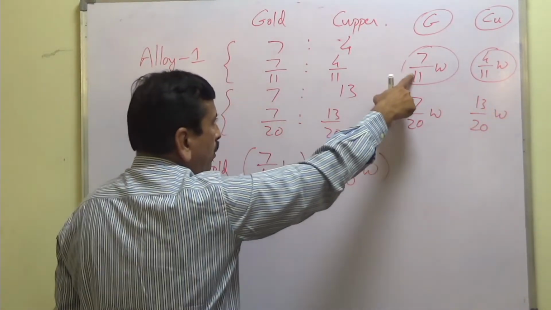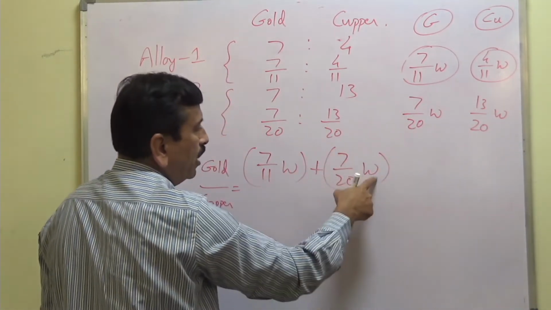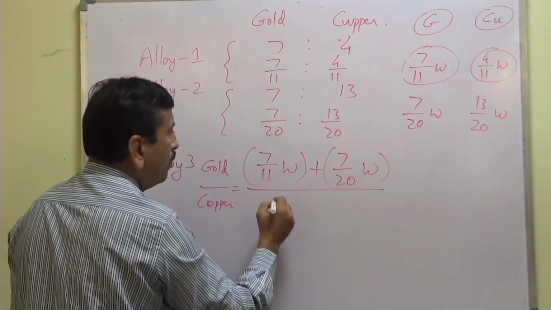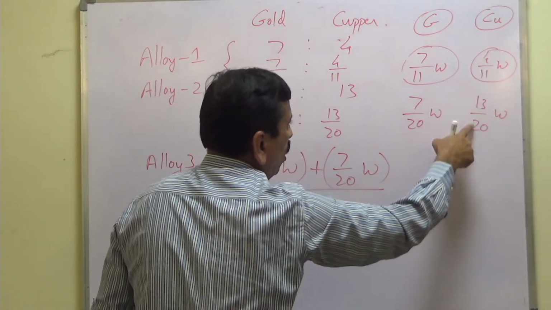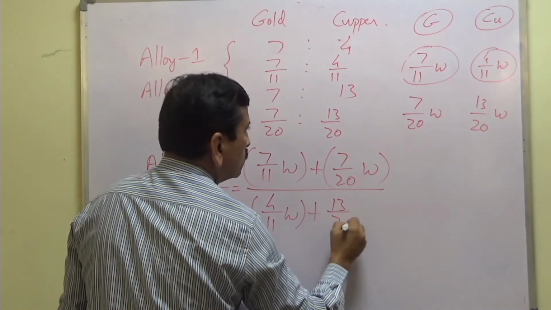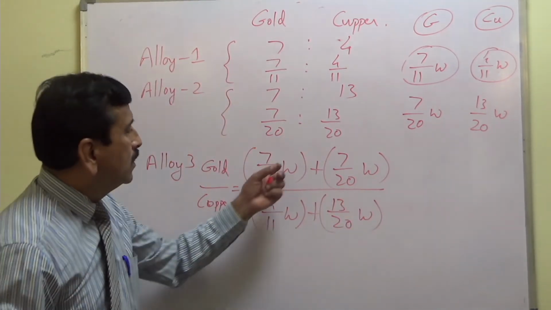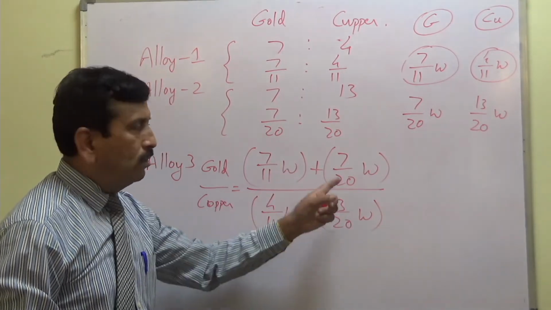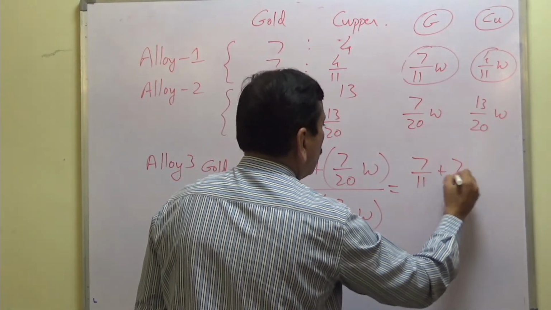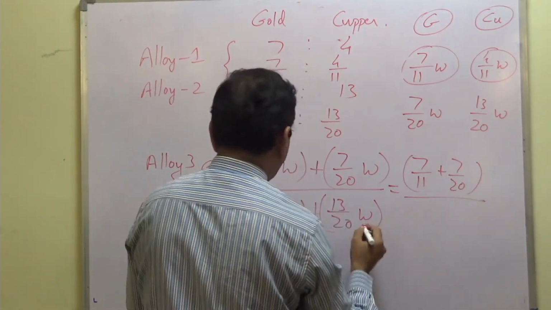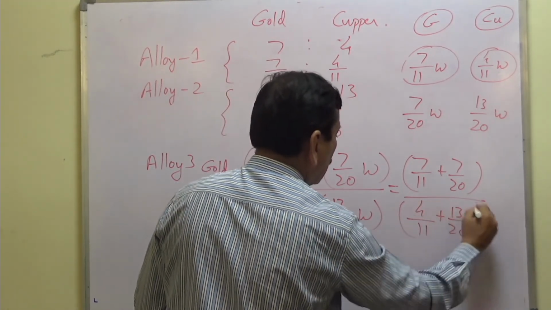So gold coming from alloy 1 is 7 by 11W, gold coming from alloy 2 is 7 by 20W, upon copper coming from alloy 1, 4 by 11W, and copper coming from alloy 2. We realize that W will get cut down on both sides, and so we get 7 by 11 plus 7 by 20 total divided by 4 by 11 plus 13 by 20.